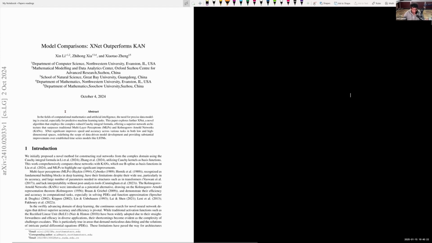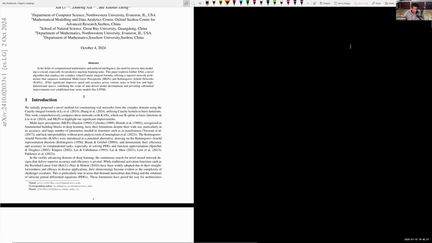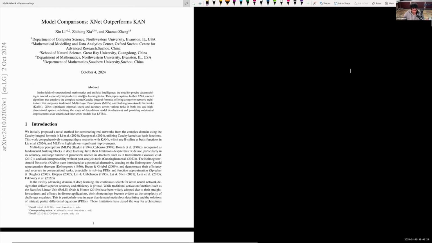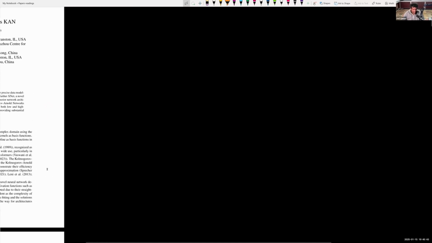And what they show here in their test results is that interestingly, the XNet based on the Cauchy activation function outperforms the Kolmogorov-Arnold networks. And I think there was a separate talk on Kolmogorov-Arnold networks. I don't think I can do justice in a few minutes.